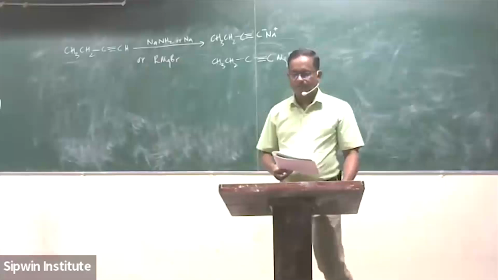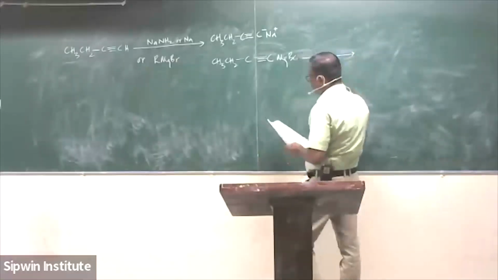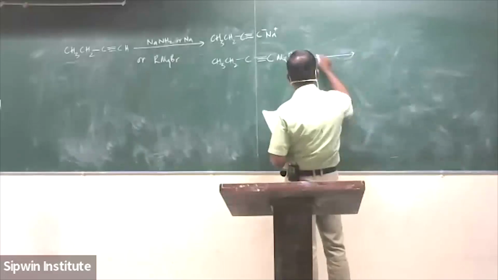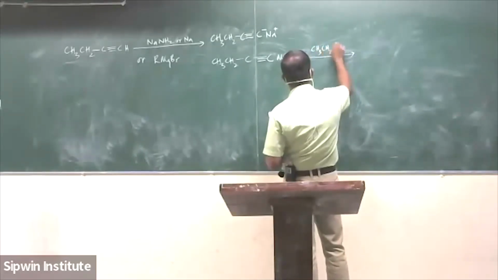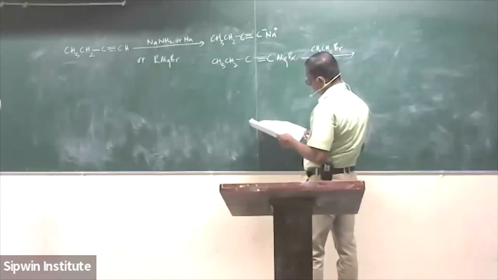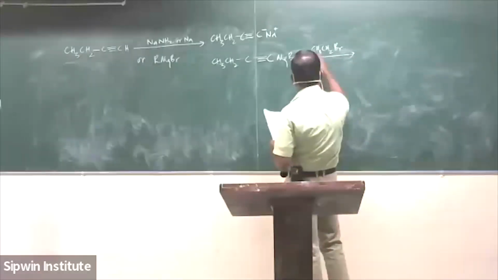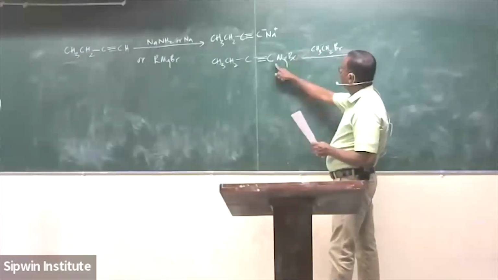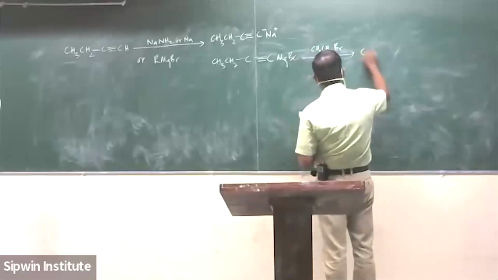Right? Then into that one you can use the CH3 CH2 Br given one. With that you can have it into this place. This part joins, MgBr2 leaves.